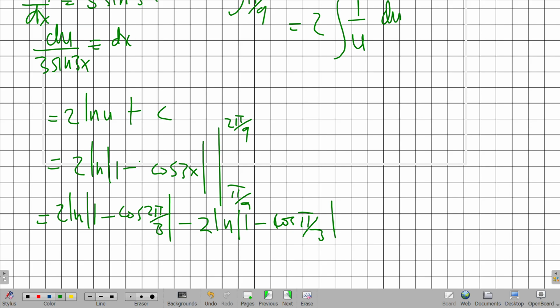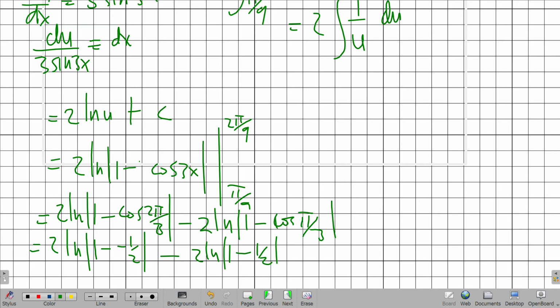Cos 2 pi over 3, that's related to the special angle of 60 degrees, and cos 60 degrees is half. In the second quadrant it is negative, so that's just going to be 2 natural log of 1 minus negative half, minus 2 natural log of 1 minus half. That's how it goes.